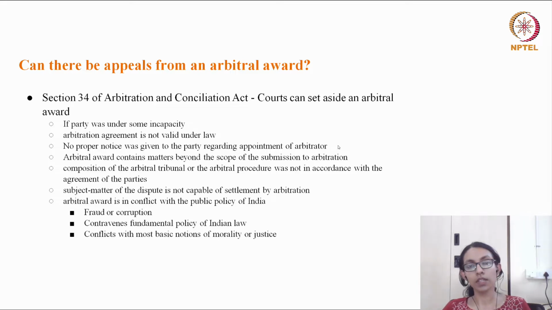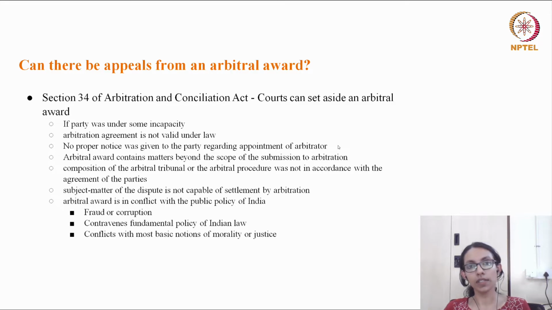The fourth ground is that the arbitral award pronounced by the arbitrator contains matters which are beyond the scope of what was submitted to the tribunal. The fifth ground is that the composition of the arbitral tribunal or the arbitral procedure that was followed in the proceeding is different from what was envisaged by the parties under the arbitration agreement.